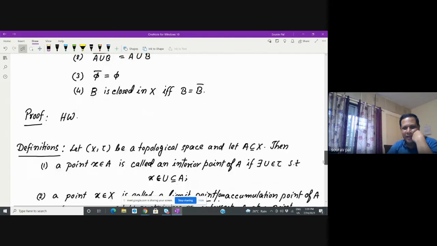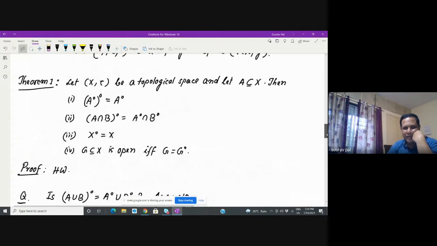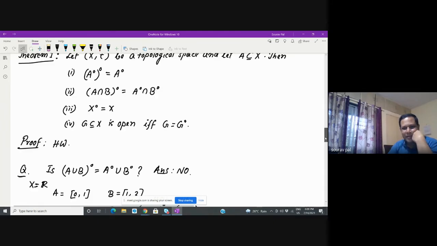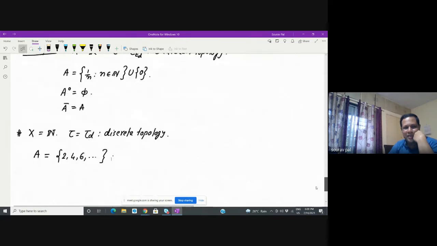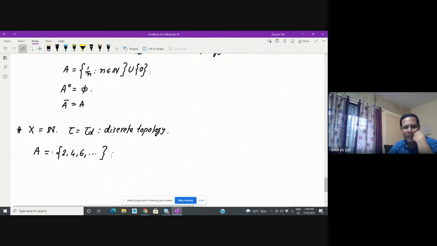And if you look at the interior of the interior, it is the set itself. So it follows from this result that if you choose this set A, in fact, you can choose any subset, all points are interior points, right?